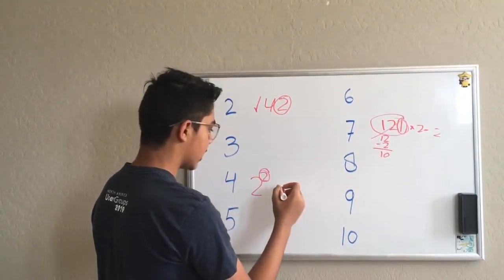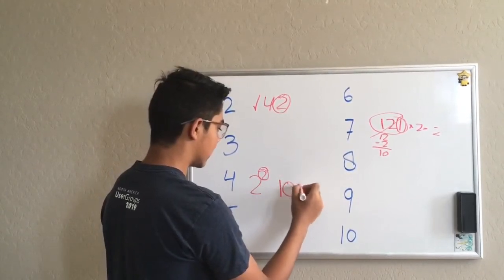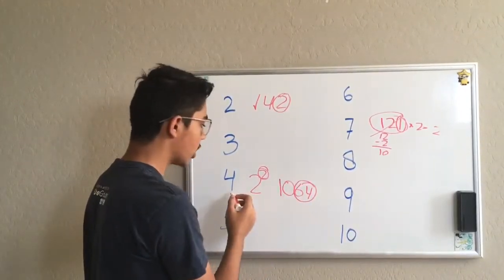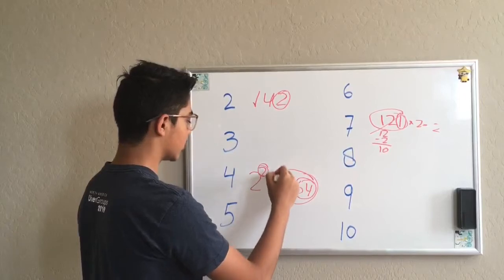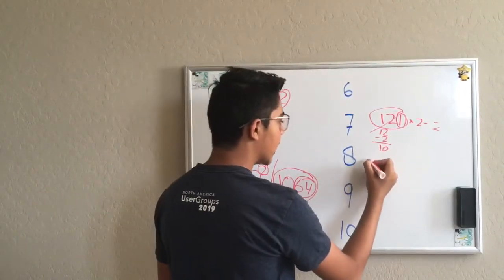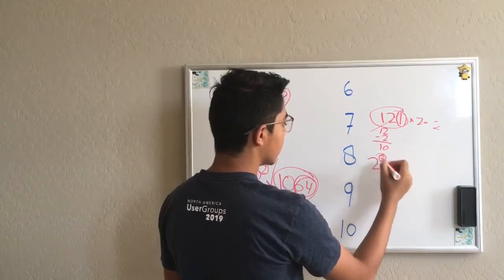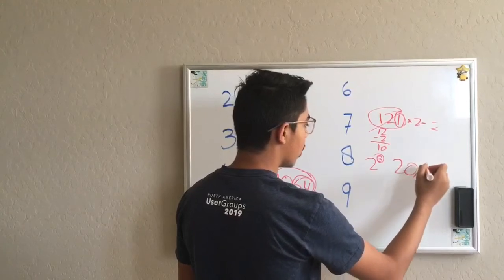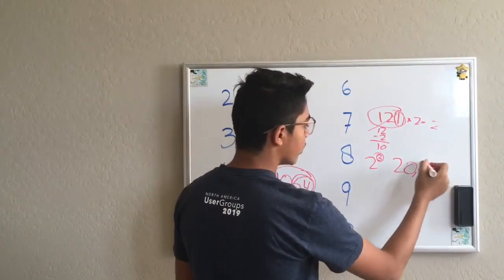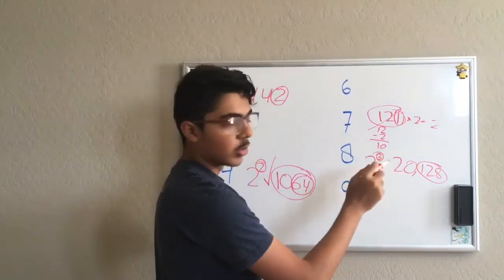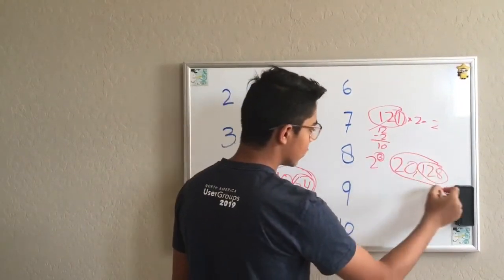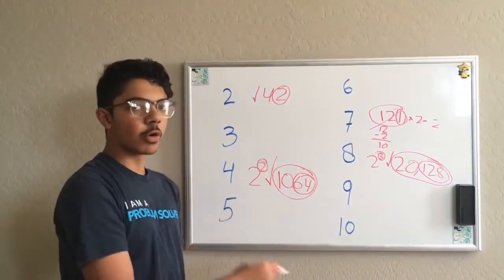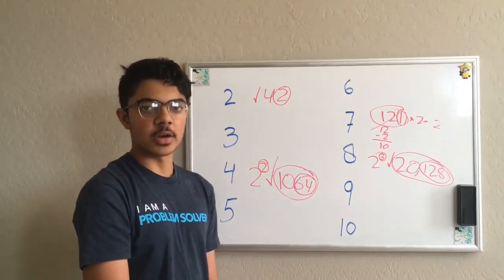For example, in 1064, we look at the 64, and 64 is a multiple of 4, therefore 1064 is a multiple of 4. 8 can be written as 2 to the power of 3, so we look at the last 3 numbers. For example, 20,128. So 128 is a multiple of 8, therefore 20,128 is a multiple of 8. And you can keep on doing that. So for 16, it would be the last 4 numbers, for 32, it would be the last 5, and so on.